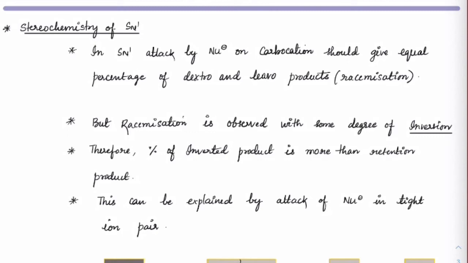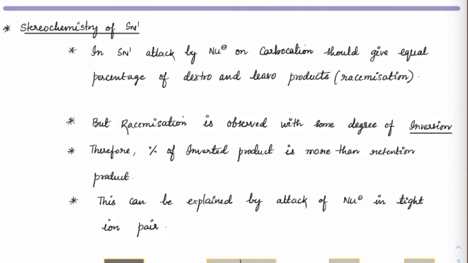But what usually happens in SN1 is that racemization is observed with some degree of inversion, which means the inversion amount is more than the retention amount. So the percentage of inverted product is slightly more than the retention product. Now this can be explained by attack of the nucleophile in the tight ion pair.